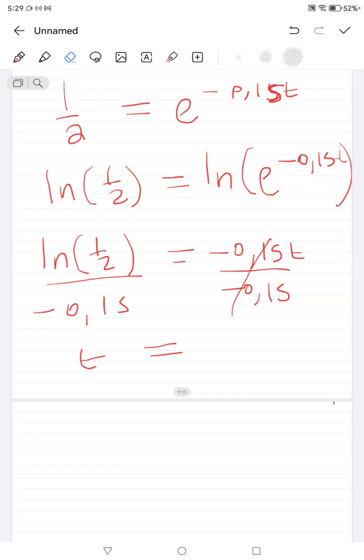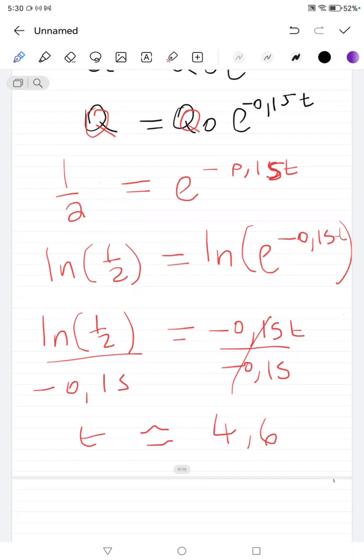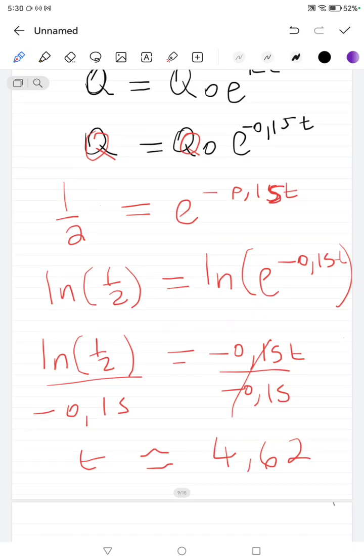Oh, sorry, no, it's 4.62. Okay. Then you can say it's approximately 4.6, so 4.62. Then let's just check.